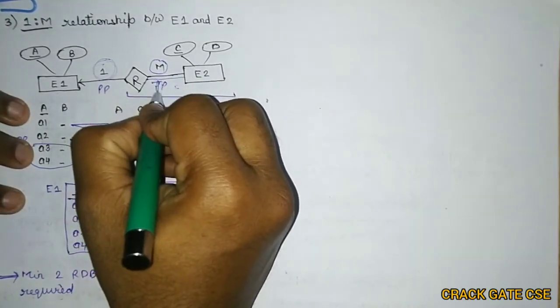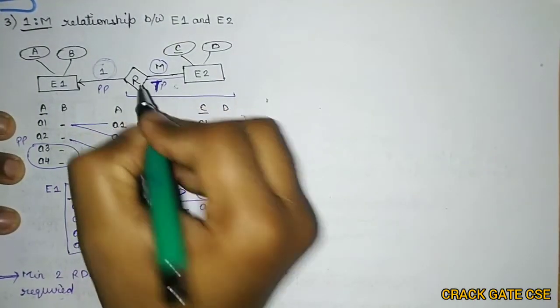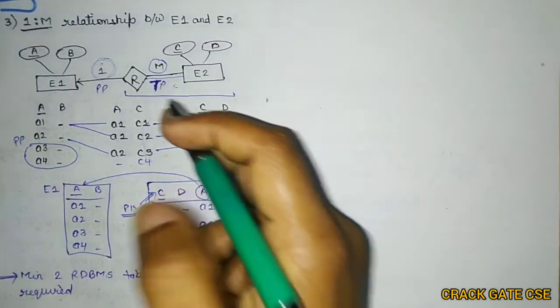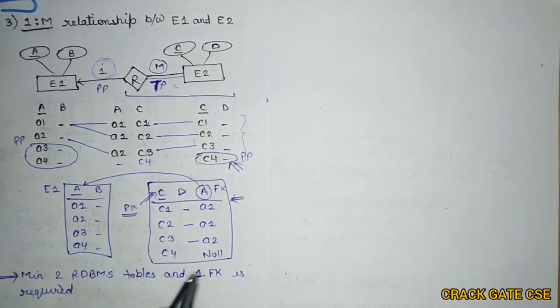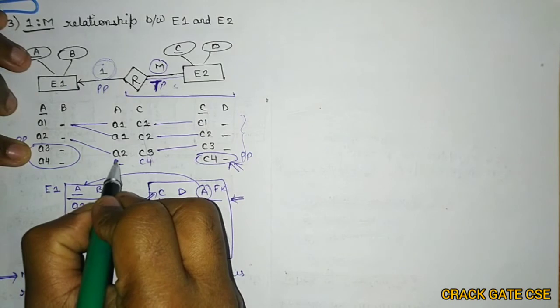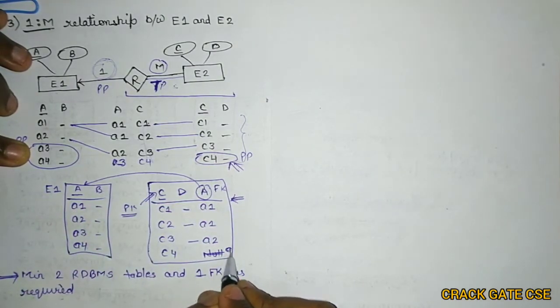So instead of partial participation, now it became the total participation. And if this is the case, then nothing will change except here we will have C4, and if there is any value, let's say that A3 is mapped with C4, then instead of null it will be A3.